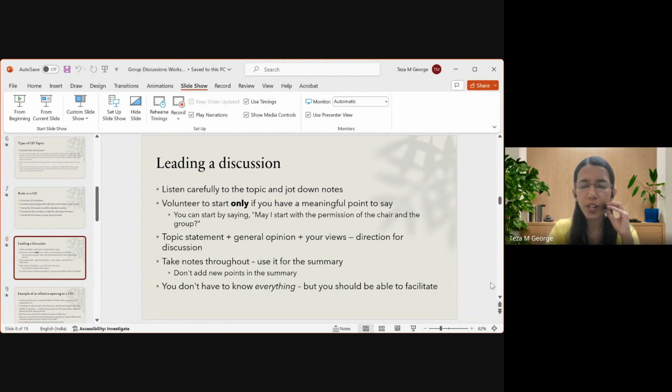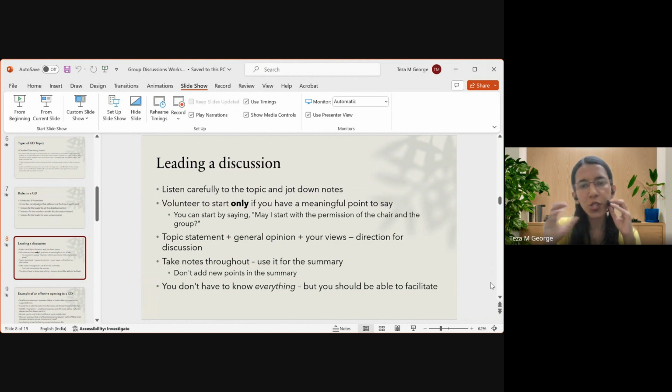So this is not something that you should do if your intention is to merely state your views on the topic. You should be aware of the fact that whatever you say as a leader is going to decide the course of further discussions. So you should be opening up the forum in a manner that the rest of your team can contribute meaningfully to the discussion.